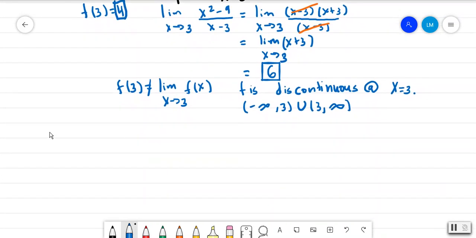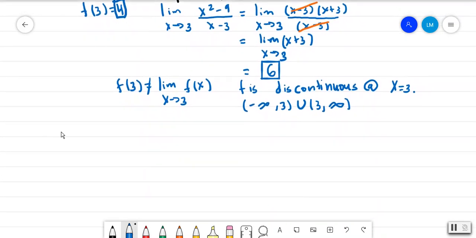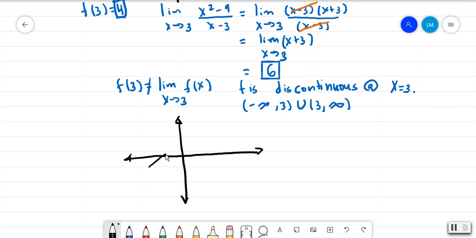One way you can look at it, if you wanted to visualize it, is that if you graph the equation, you would find that it's a linear equation with a point that's removed from it, and then the point was relocated at 4.